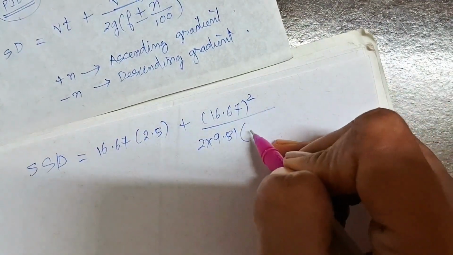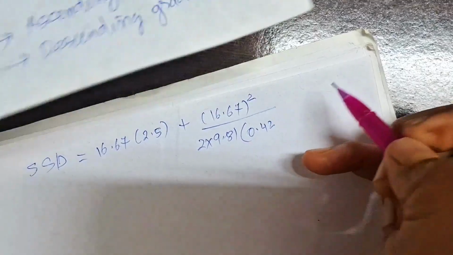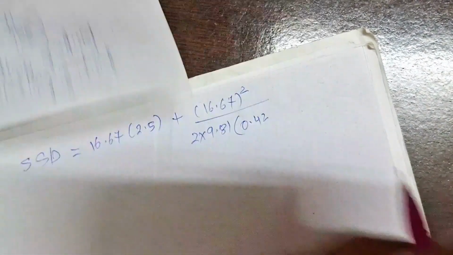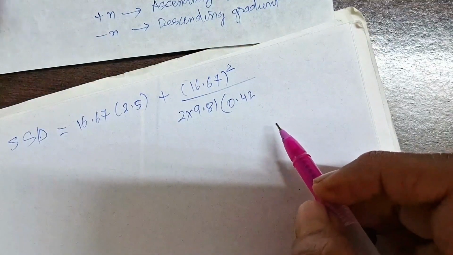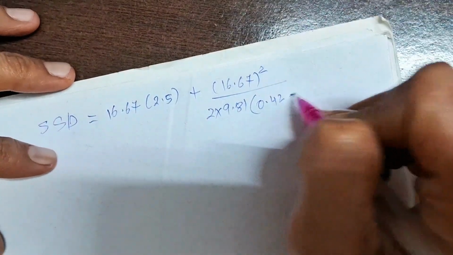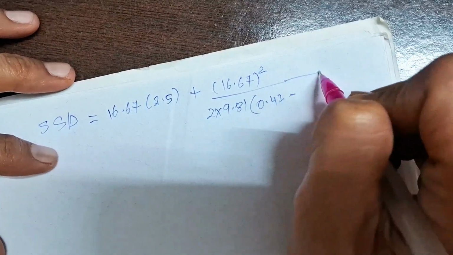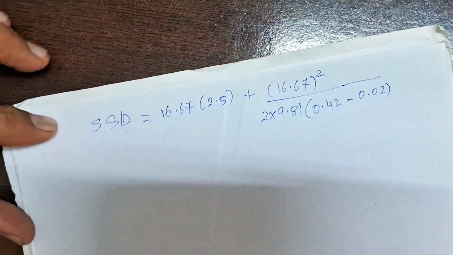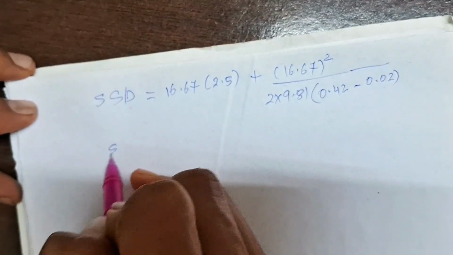So again let me write, this is 0.42. Now what will come, plus or minus? This is a descending gradient, so minus 2 percent, which means minus 2 by 100. So 2 by 100, can I write 0.02? Let's find out SSD.